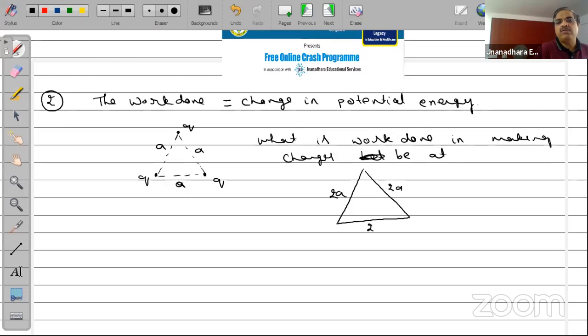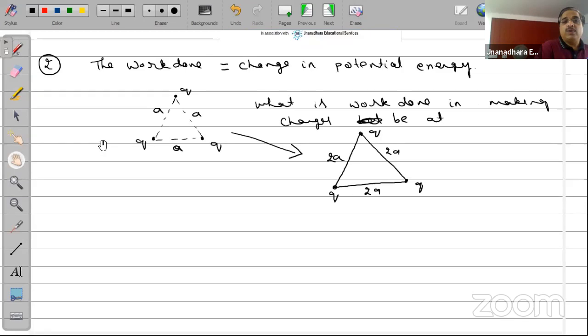It was A here, no? 2A, the same charge. So to transform from this triangle to this triangle, what is the work done required? What is the work to be done?